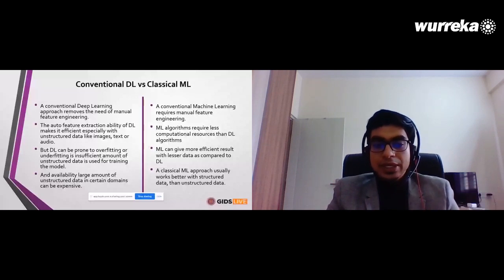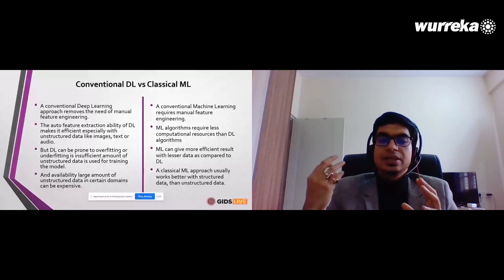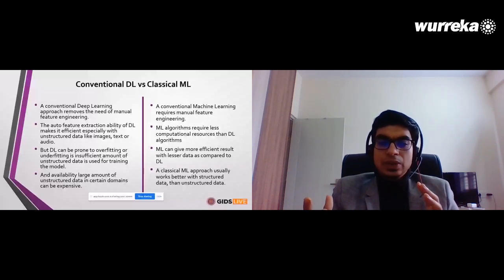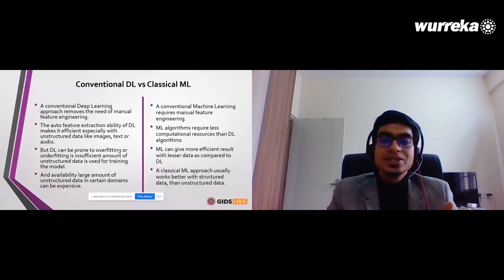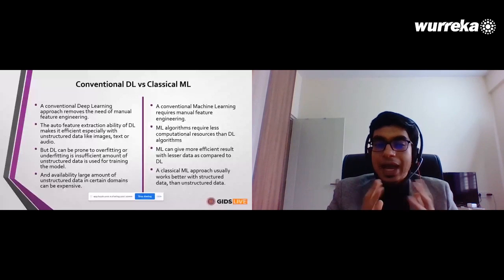When we go with complex unstructured data formats, and the data is limited and not available in sufficient amount, deep learning models have a tendency to overfit on the training data, or sometimes even underfit. So no matter how much hyperparameter tuning we do, the final model efficiency may not be good enough.